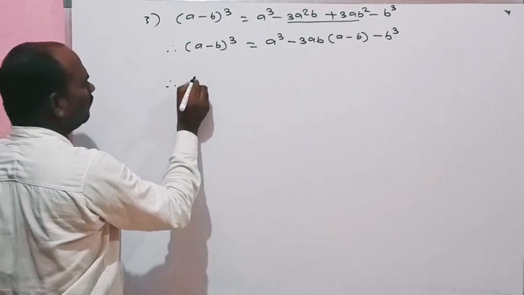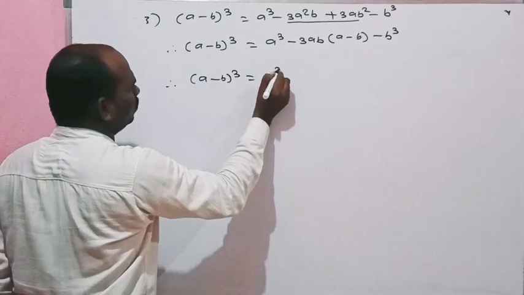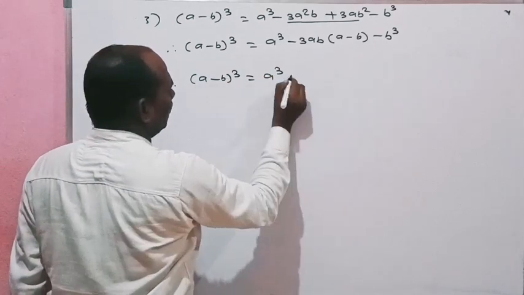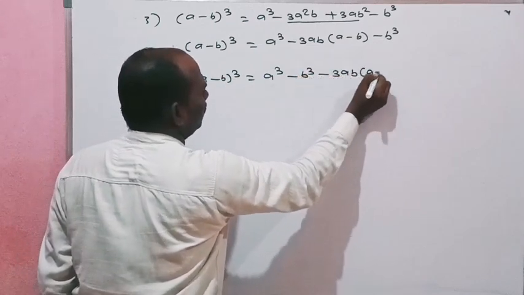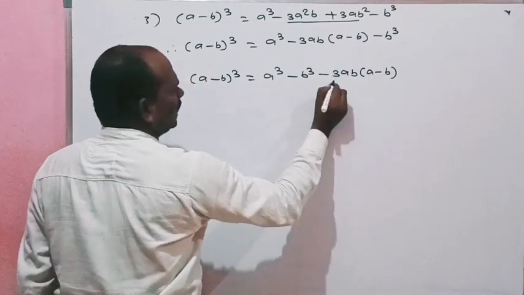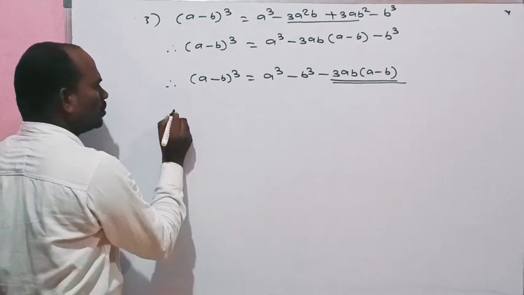Therefore a minus b its cube is equal to a cube minus b cube minus 3ab bracket a minus b. Now this quantity minus 3ab comes here as plus.